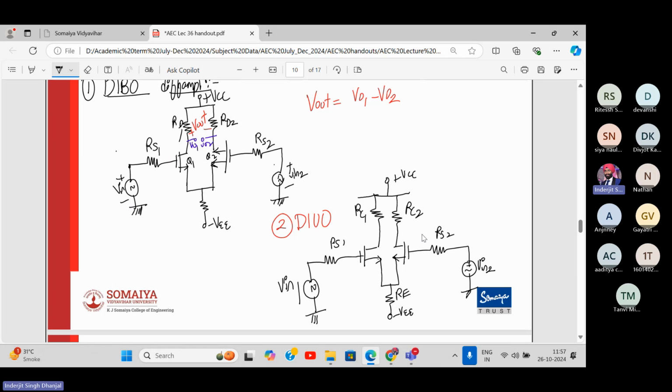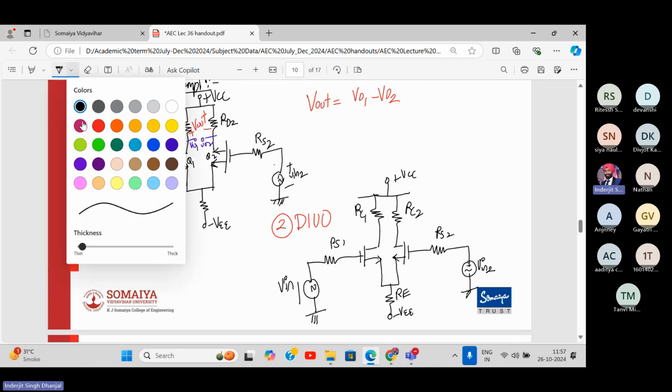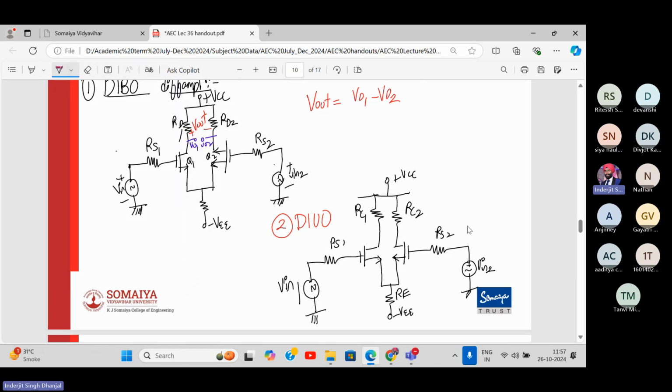So how will you draw it? Here inputs are dual, but the output is single-ended, right? So I'll take from one of the arms and take it over here. This is VO2, which is your output basically. All right. One important caution to note over here: earlier Vout was measured with respect to each other, VO1 and VO2.